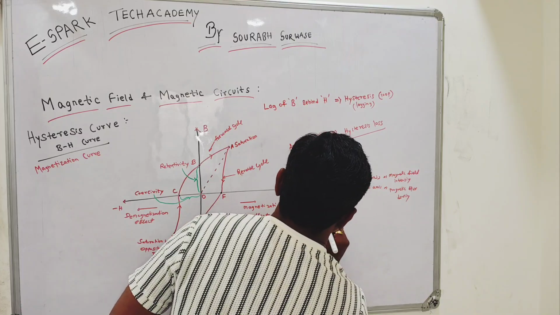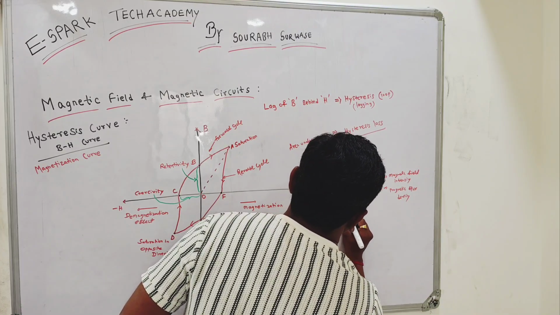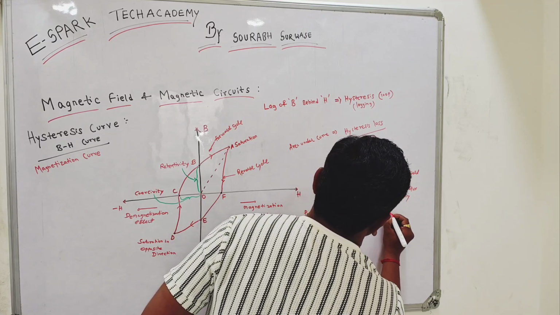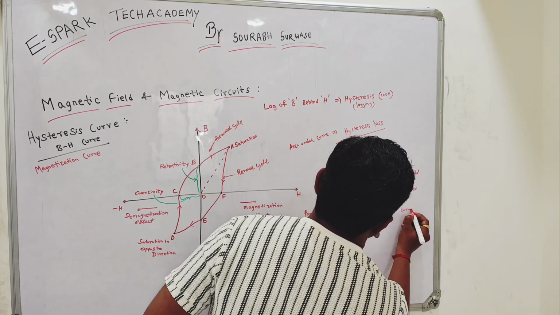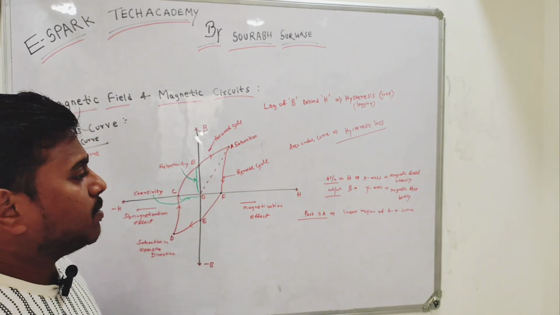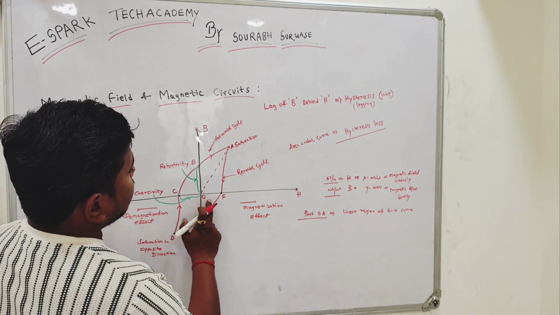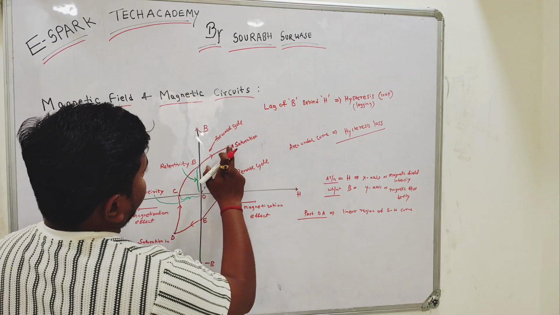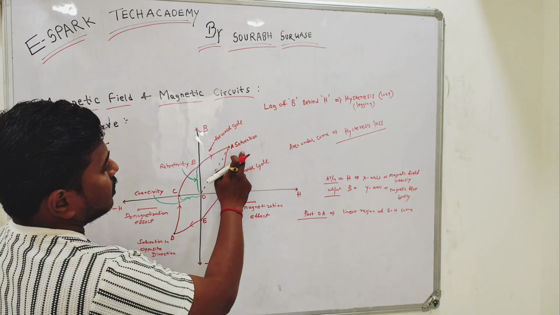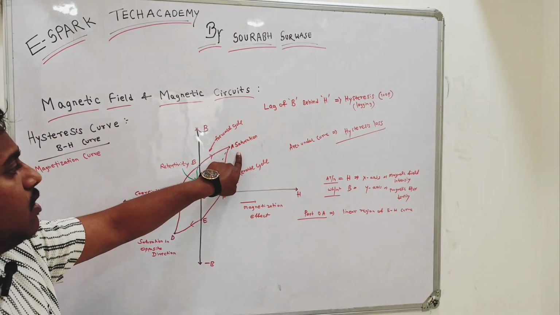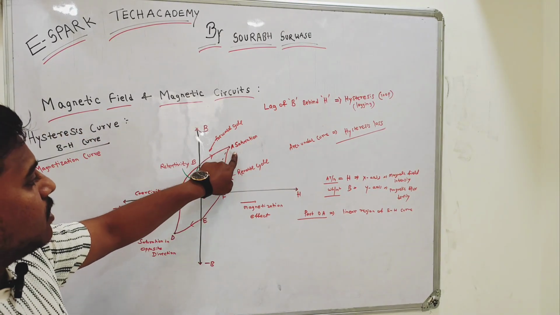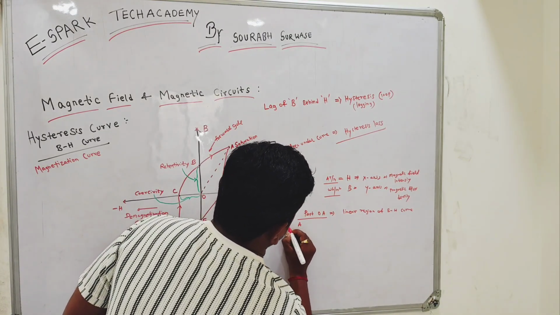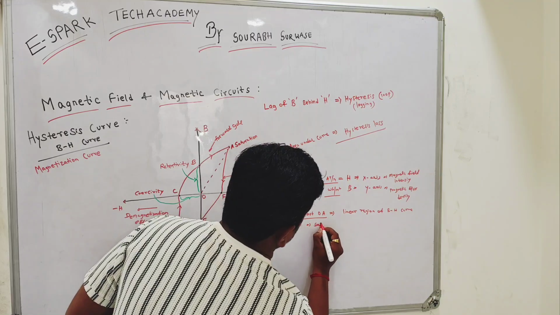OA will give you the linear region of the BH curve. In this region, when you go on increasing H, B will increase in the same way, and it is shown here. A is the saturation point, up till there it is the linear region.